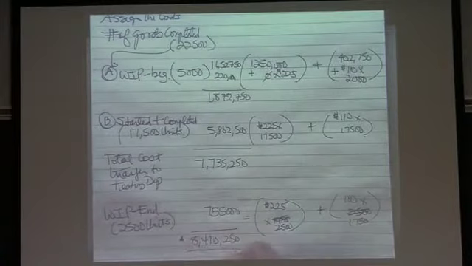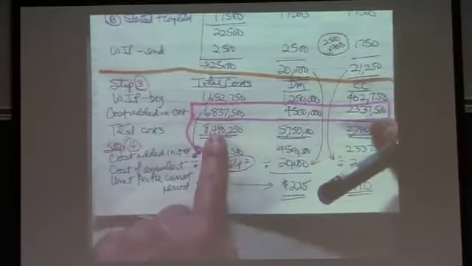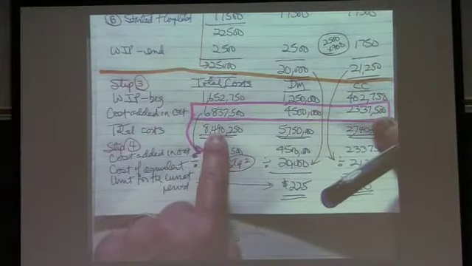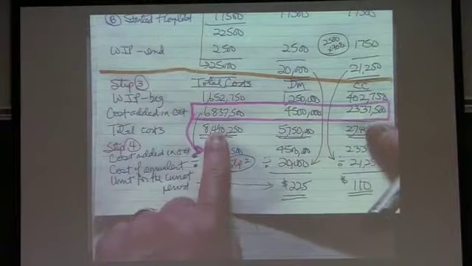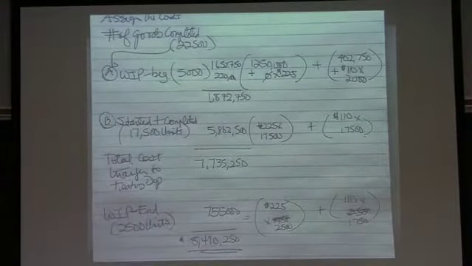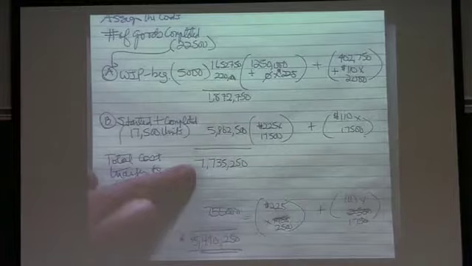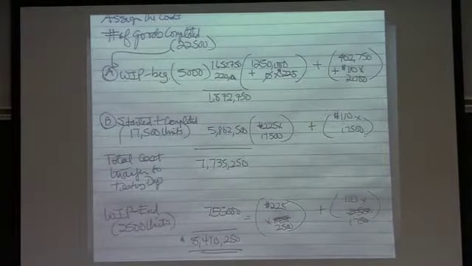You'll also notice that this number is equal to this number in step 3. And it's also good to know that this number is the same as the weighted average method. All we're doing is trying to figure out the allocation between what's sitting in work in progress that's now being transferred to testing and what's sitting in work in progress at the end.